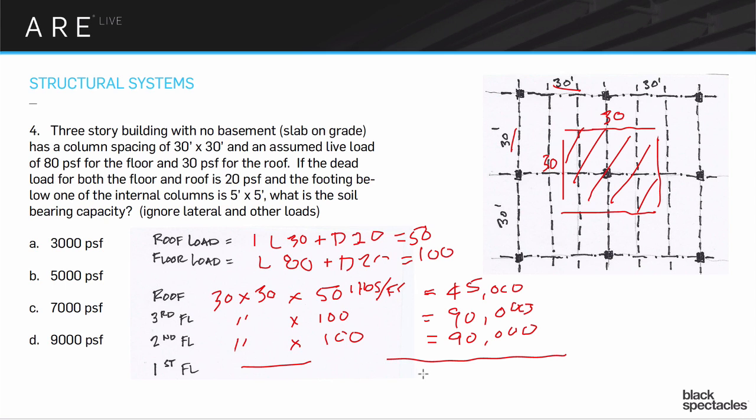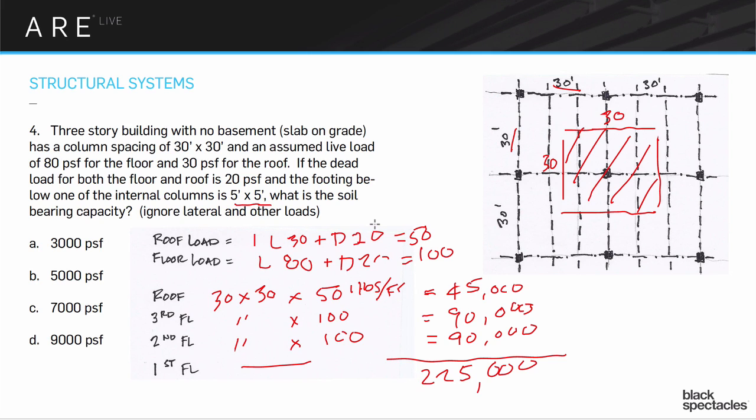So we add those together, and we just get 225, I believe. And that's our total pound load coming down based on these code requirements of the 80 and the 20 and the 30 and the 20. And then we have the 5x5 footing underneath that internal column.